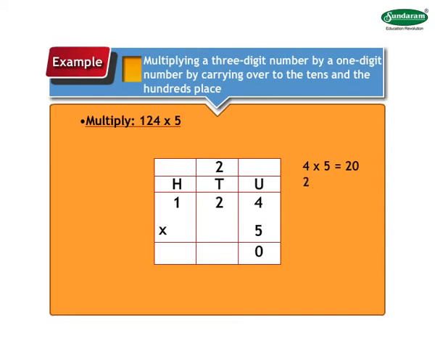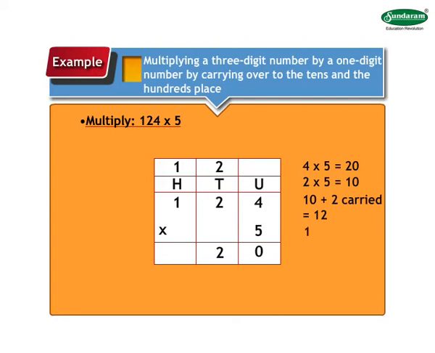Now, 2 tens multiplied by 5 is equal to 10 tens. 10 tens plus 2 tens is equal to 12 tens. 12 tens means 100 and 2 tens. Write 2 tens in the tens place of the product and carry over 100 to the hundreds place.